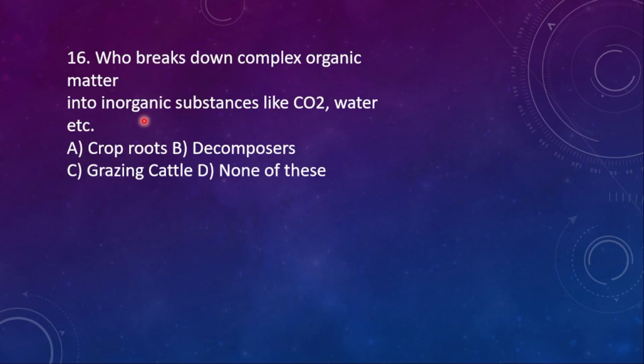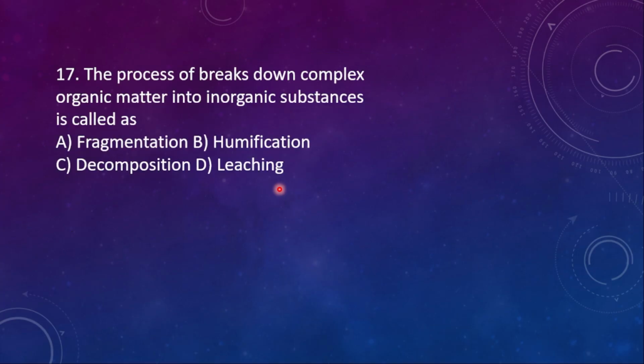Who breaks down the complex organic matter into inorganic substance like CO2, water, etc.? A. crop roots, B. decomposers, C. grazing cattle, D. none of them. Here the right option is decomposers.